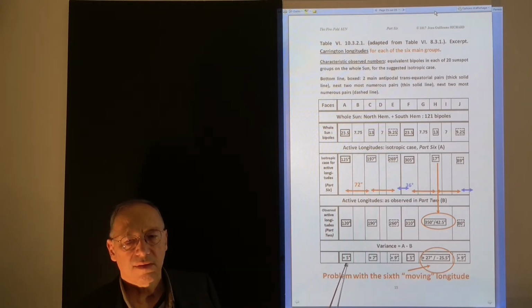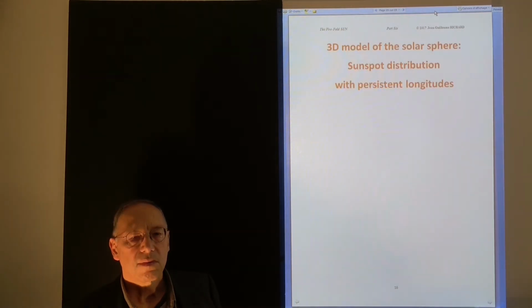And we see that we have little discrepancies, less than 10 degrees in each case, except for this sixth longitude, which is difficult to attribute to a specific place in the sun. We show now the attribution of these longitudes to the sunspot groups in the isotropic case, as shown earlier.